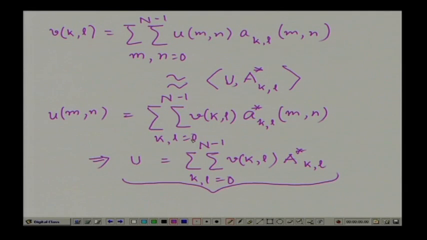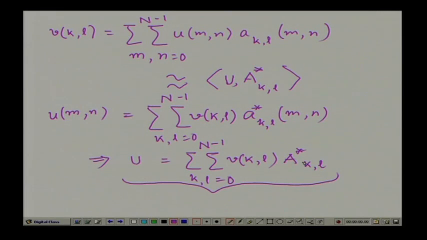Each of these n square matrices is of dimension capital N by capital N, and these matrices A star k l are known as the basis images.